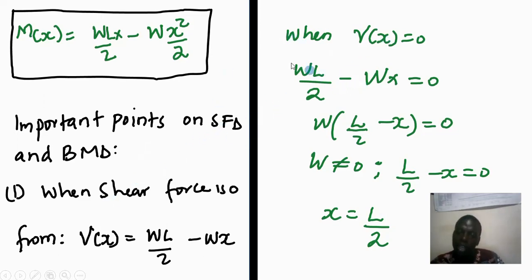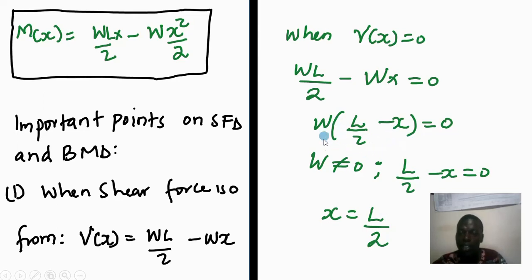If we bring the expression for shear force, which is W out of 2 minus Wx, equal to 0, then we need to determine at what value of x the shear force will be 0, and we will have a maximum bending moment at that point.